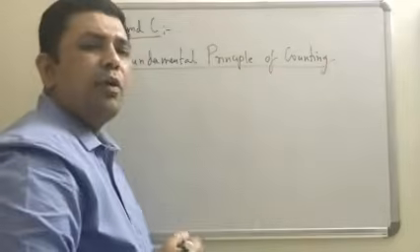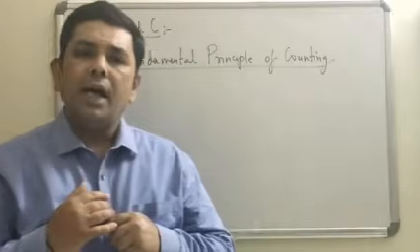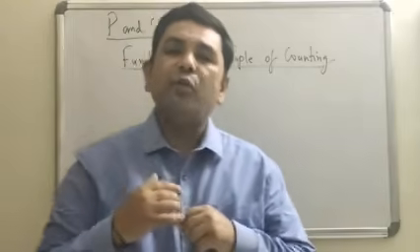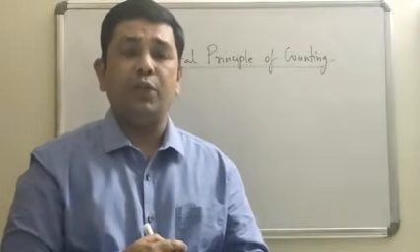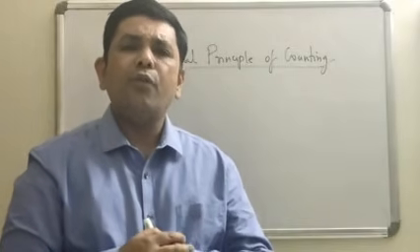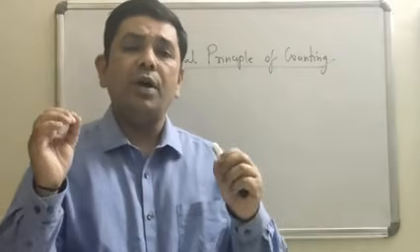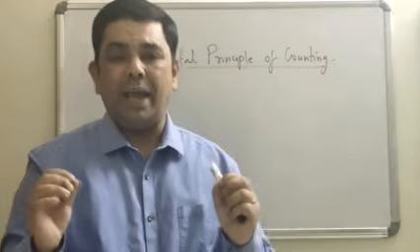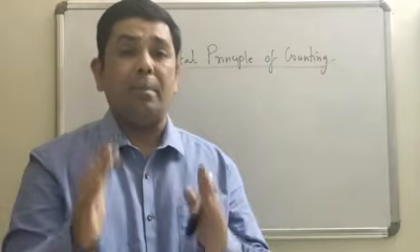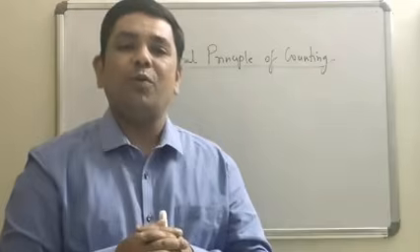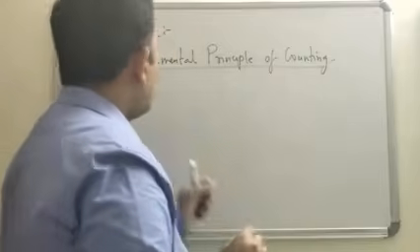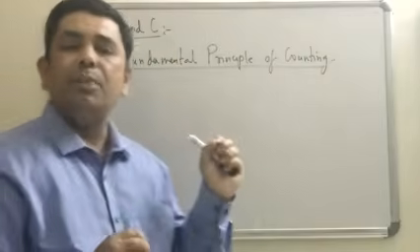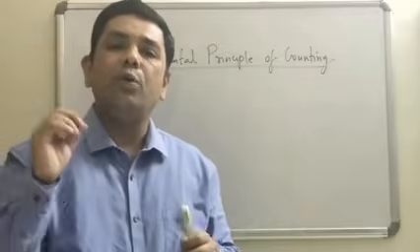Now, if you ask students a challenge that they would face in this topic, then many of them will share with you the fact that they are not very sure about the use of plus and multiply, that is the sign of addition and multiplication, while solving the questions of PNC. And that is where the understanding of the fundamental principle of counting becomes very crucial.